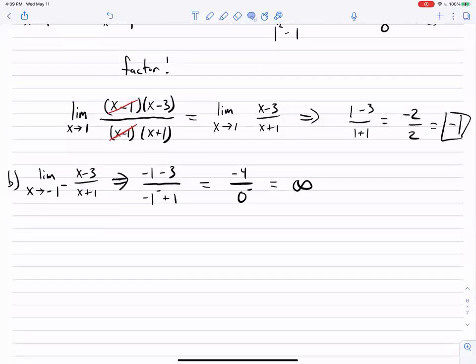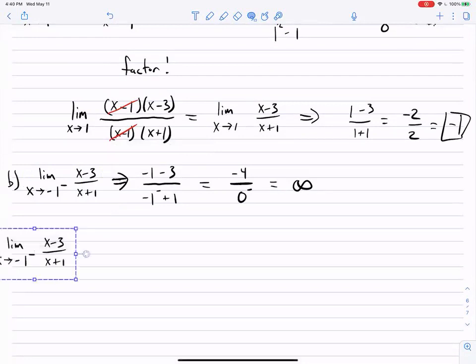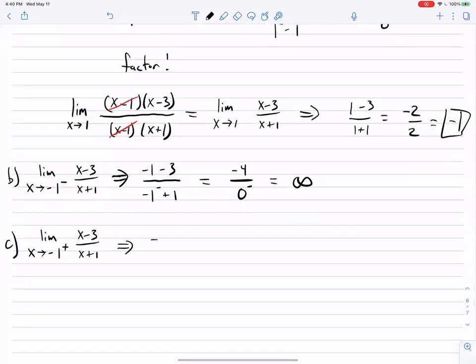And then similarly for the other side. So let's do -1 from the right. That's part C. This will give us -1 minus 3 over -1 from the right plus 1. And so if we plug in a number bigger than -1, for instance -0.9, -0.9 plus 1 will give us a positive number. And so it's -4 over 0 from the right, which equals negative infinity.